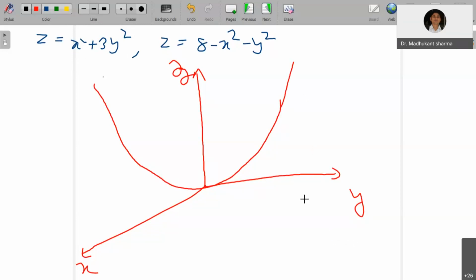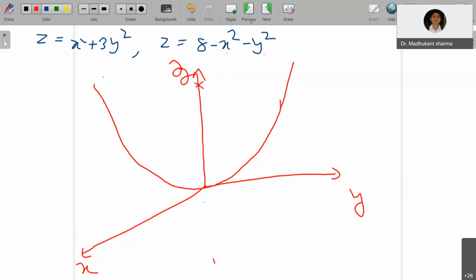Now z equals 8 minus x square minus y square. What does it resemble? If you take x square plus y square more than 8, it becomes negative, meaning it will come down. Whenever x is 0 and y is 0, z is 8.